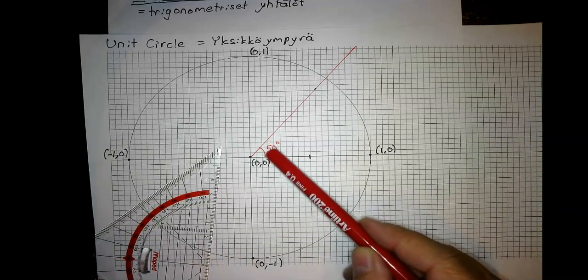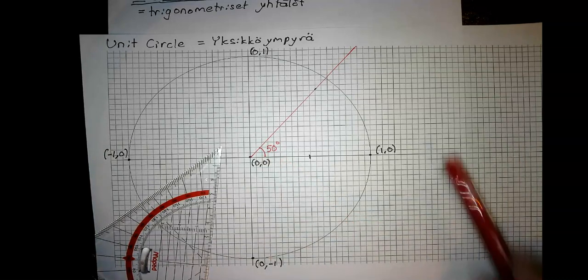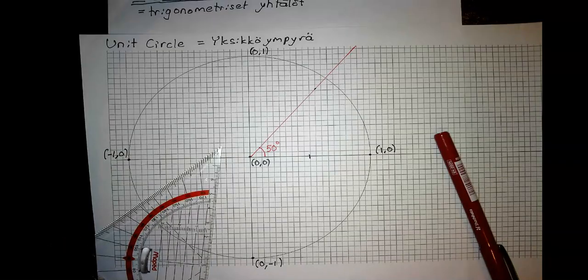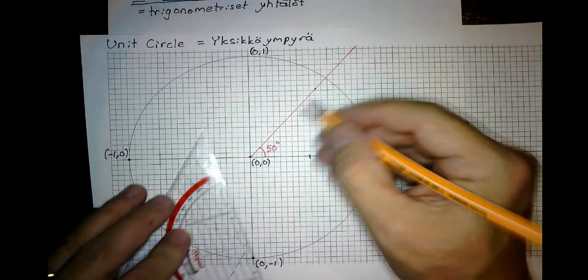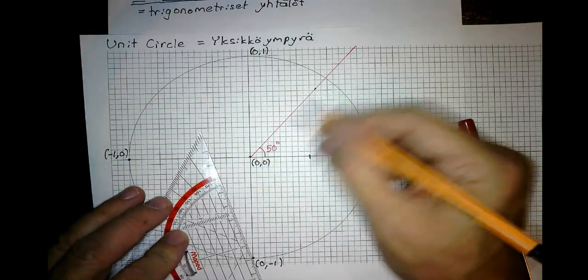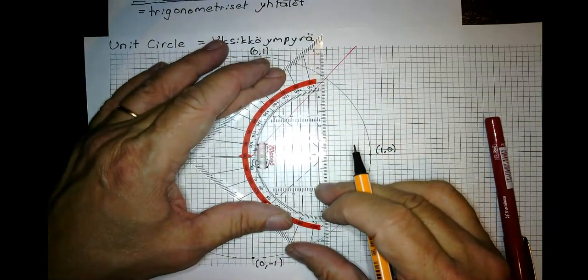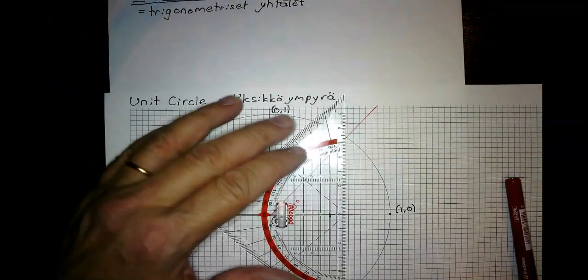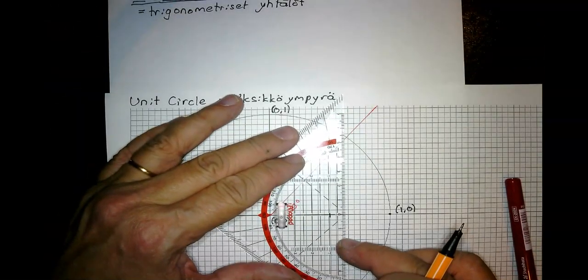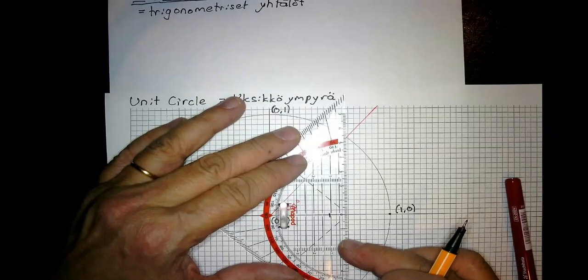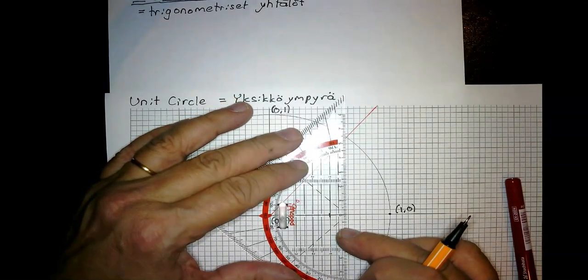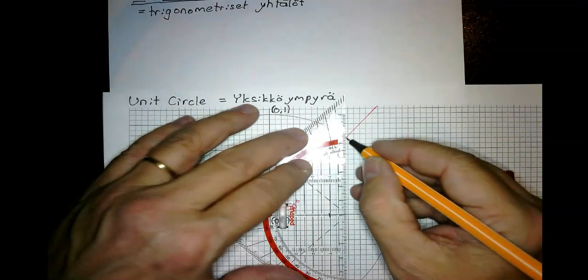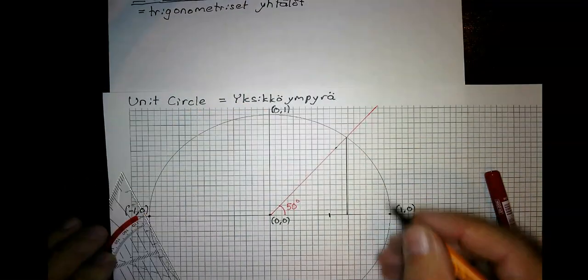I have the angle of 50 degrees there, and now I will draw a right angle triangle, so that this will be the hypotenuse of that triangle. I try to be as careful as possible. It's very hard to see because the camera is in front of me, but it is somewhere here.